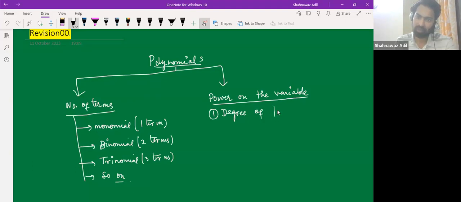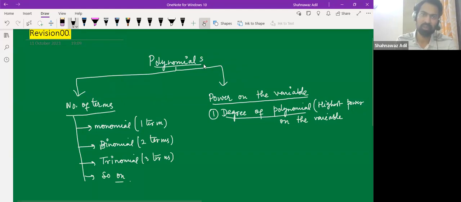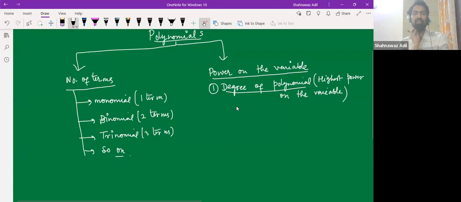The degree of a polynomial was defined as the highest power on the variable. And I always ask this question to all of you guys, so let me see if you remember or not.